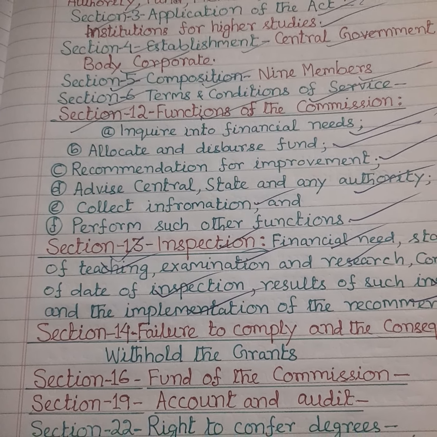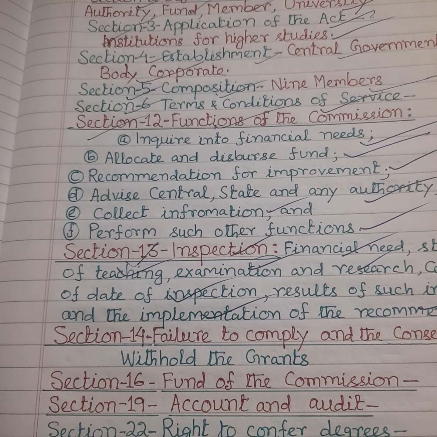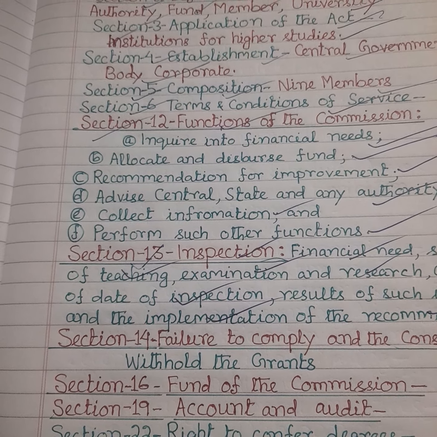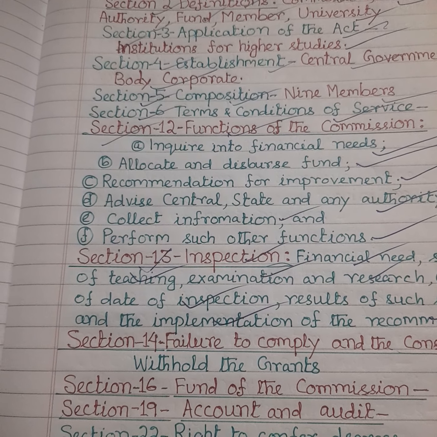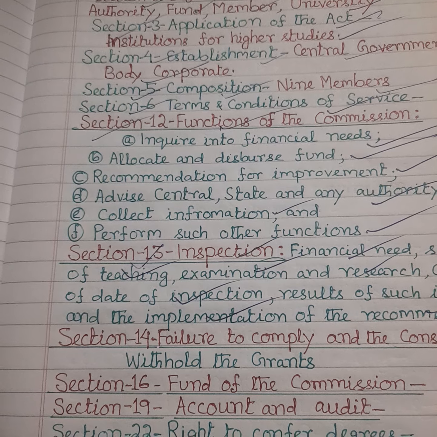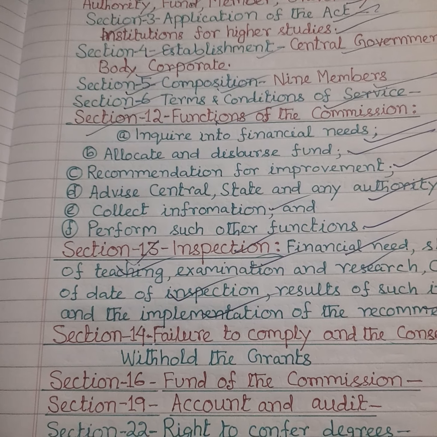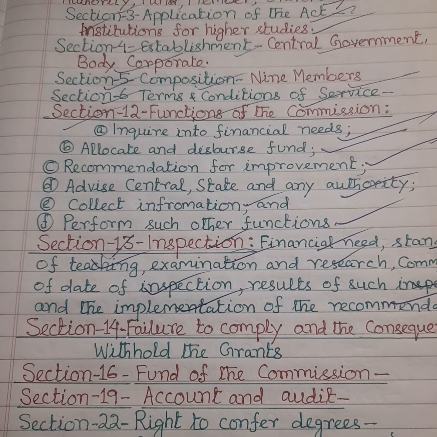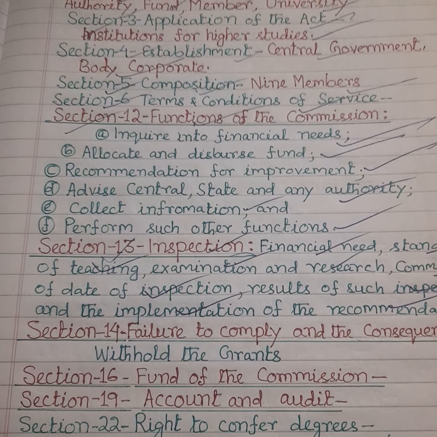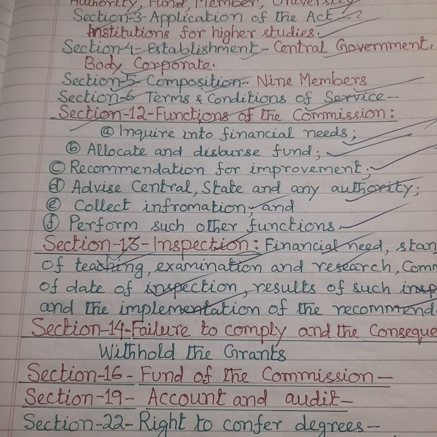All communication to a university under this Section 13 shall be made to the executive authority thereof, and the executive authority of the university shall report to the Commission the action, if any, which is proposed to be taken for the purpose of implementing any such recommendations as referred to under subsection 3 of Section 13 of the Act.